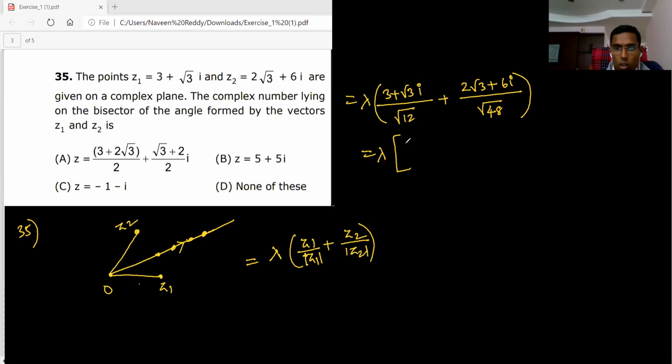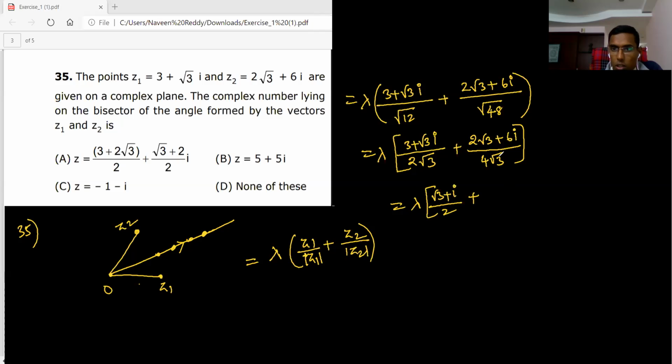So (3 plus root 3i) by 2 root 3 plus (2 root 3 plus 6i) by 4 root 3, since 16 times 3 is 48. Root 3 gets cancelled, giving (root 3 plus i) by 2 plus 1 plus root 3i by 2.